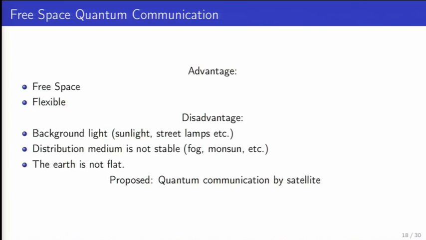You can handle this, but it is a disadvantage. Another disadvantage is that the distribution medium, the air, is not very stable. There's, for example, fog or heavy rain or something like this, and this would degrade your key rate, and it's not what we would like to have.